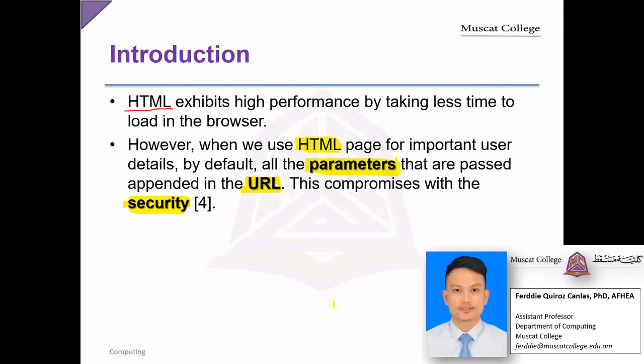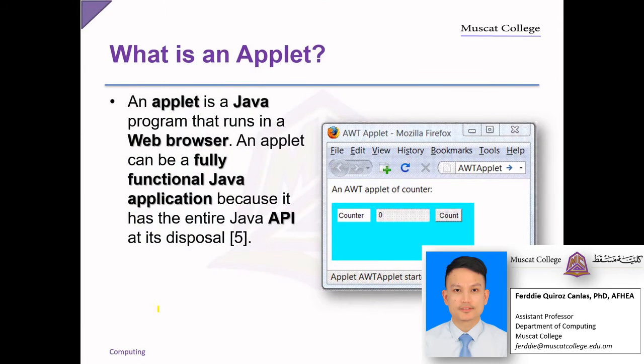But in the past, they were used to perform online transactions. But nowadays, servlets and applets are less used because security is a little bit compromised. So this is an example. Maybe you have seen this in the past if you worked with applets and servlets during your high school days.